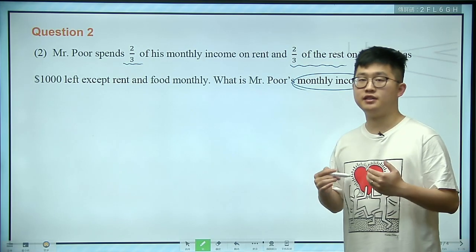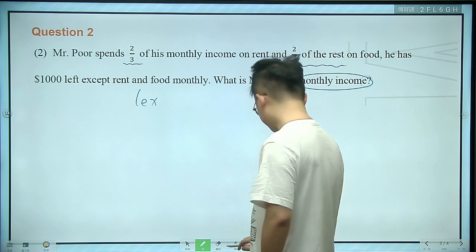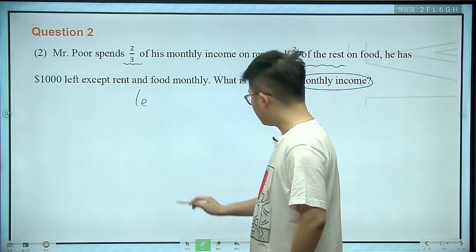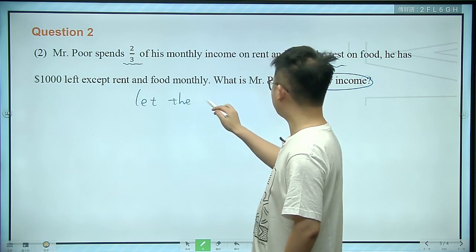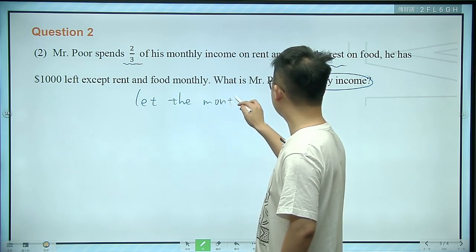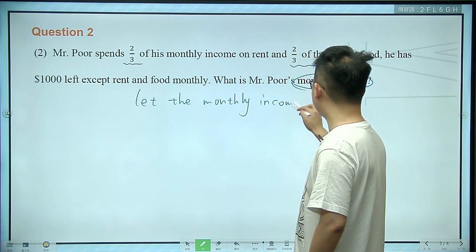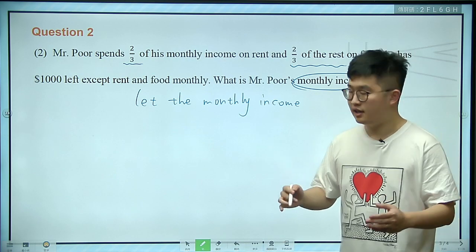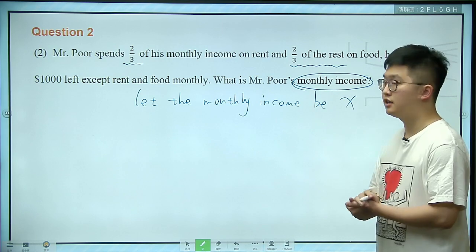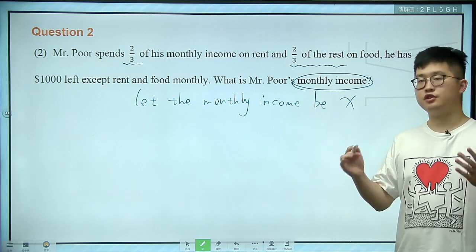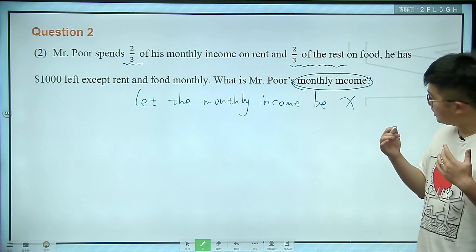So we write it down like this: let the monthly income, which is what we want to know, be x. Now we finish the first step. We need an unknown, and on most occasions we use x.